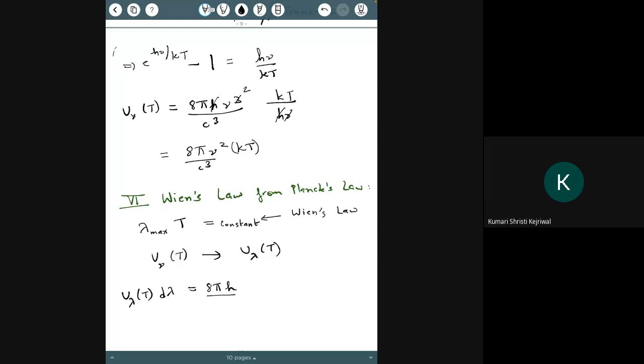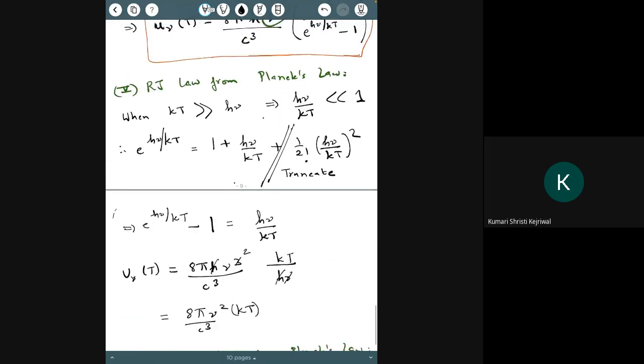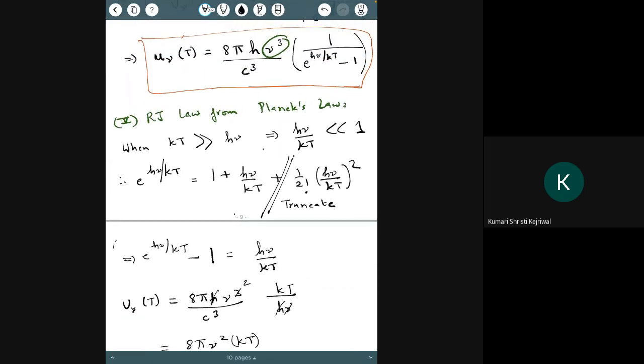Do we have that expression here? So we have 8 pi h by c cubed and then nu cubed on top.